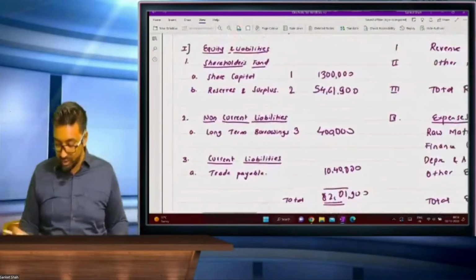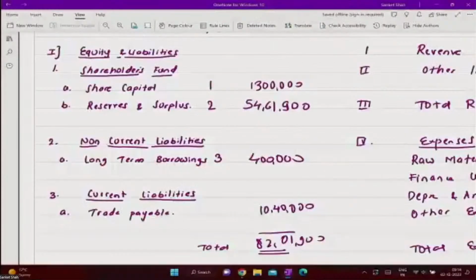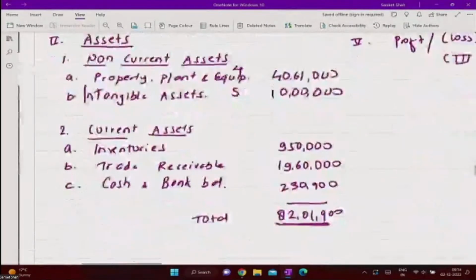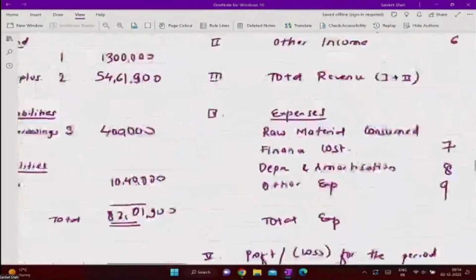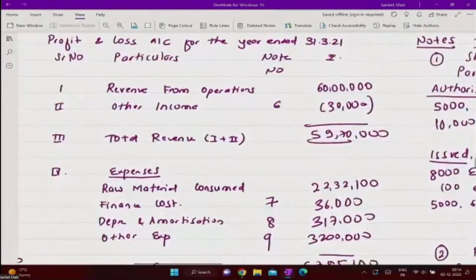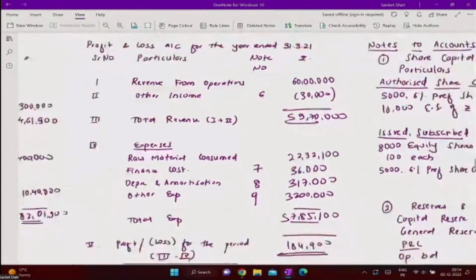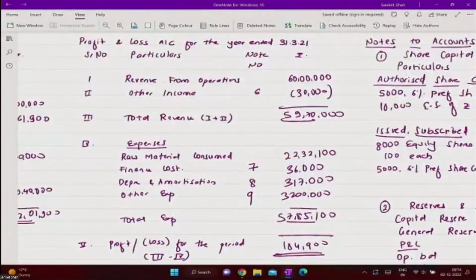If you want to take screenshots, take screenshots quickly. Asset side. P&L. P&L, yes. Whole P&L, beta. 1,84,900.